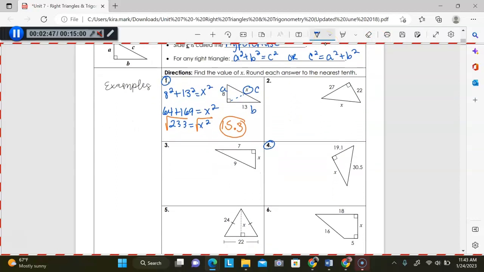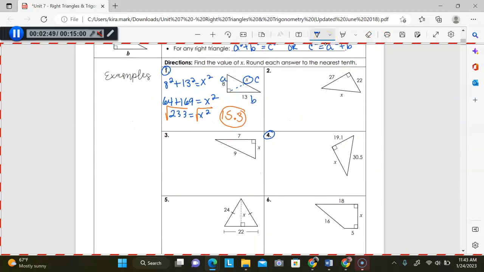Okay, for the next question, we are looking at number 4. Again, I'm going to start out looking for my right angle, and this is C. So I'm going to have it equal to 30.5 squared. And then it doesn't matter which one you have first, x or 19.1. I'm going to do x squared plus 19.1 squared. X squared stays as it is. Go ahead in your calculator, do 19.1.